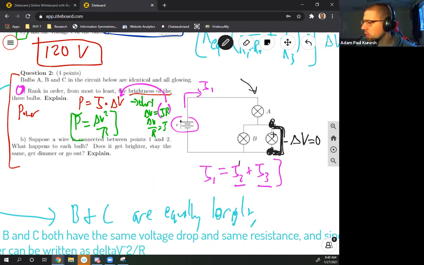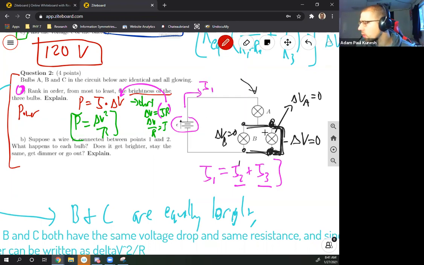So what does that mean for B? Let's look at B first. These two points are essentially the same as points 1 and 2 in terms of their voltage, so the change in voltage across B is now 0. For A, A is connected directly between points 1 and 2, so the change in voltage across A is also 0.